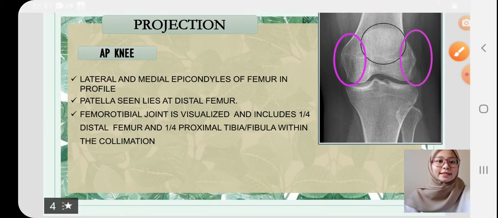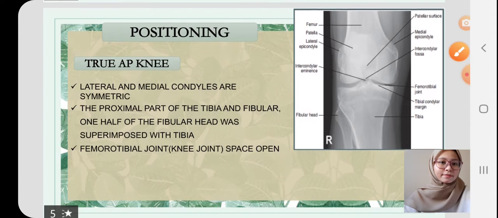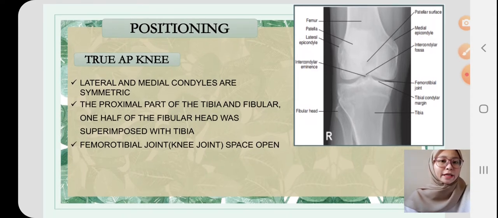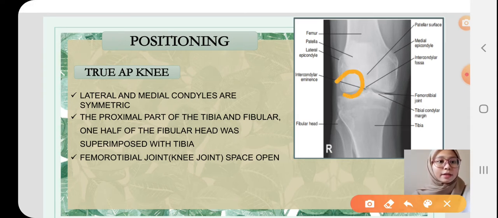Next is positioning, the true AP knee positioning. The lateral and medial condyles are symmetric, and at the proximal part of the tibia and fibula, 1/2 of the fibula head is superimposed with the tibia.